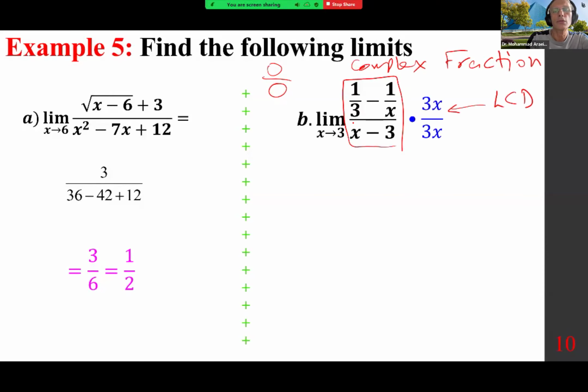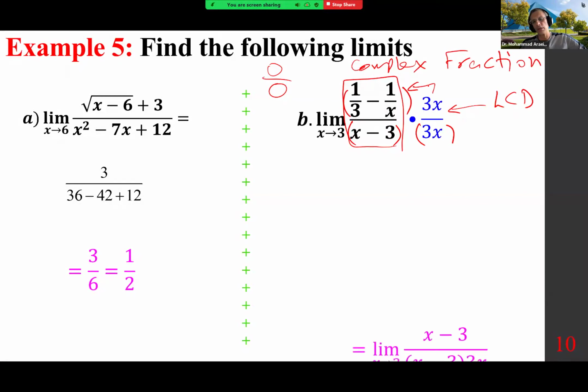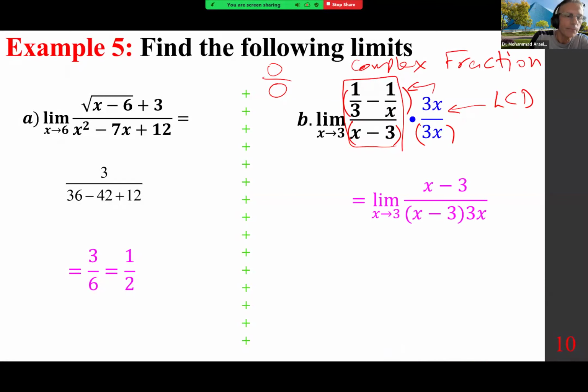And you don't touch the denominator, you keep it as a product. And when you multiply 3x by the top, you get x minus 3. We can cancel those. We get the limit of 1/3x as x approaches 3. Then we replace it. We get 1/9 as the final answer.